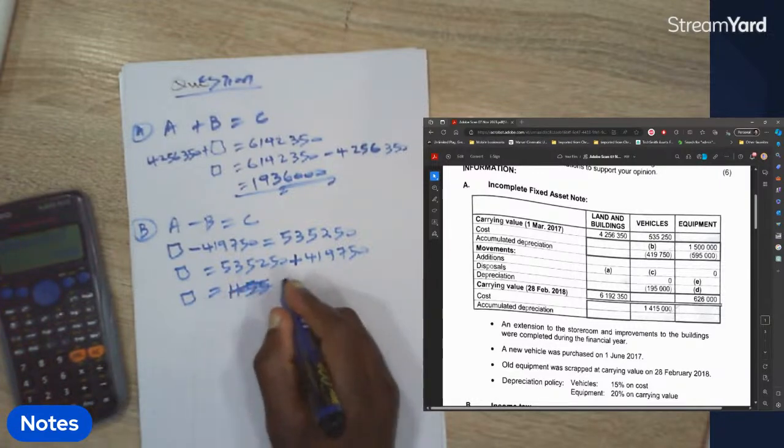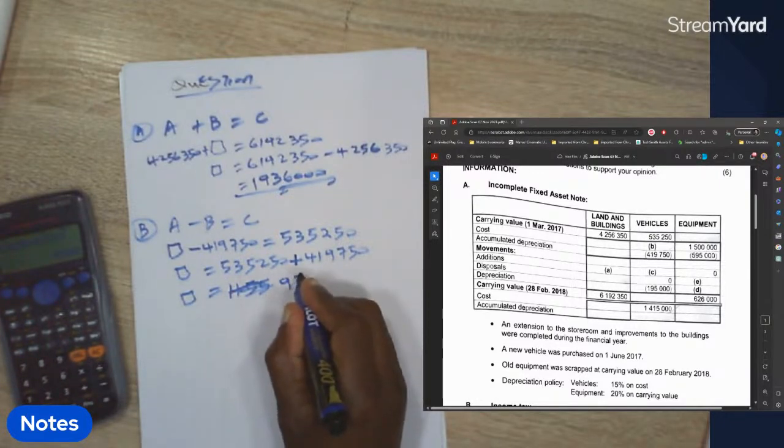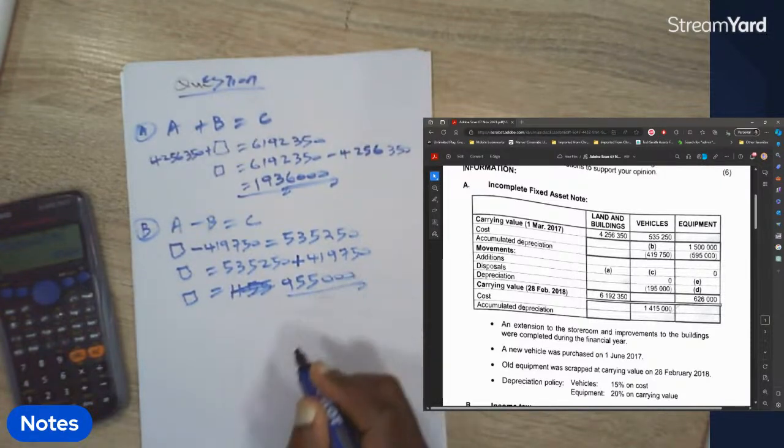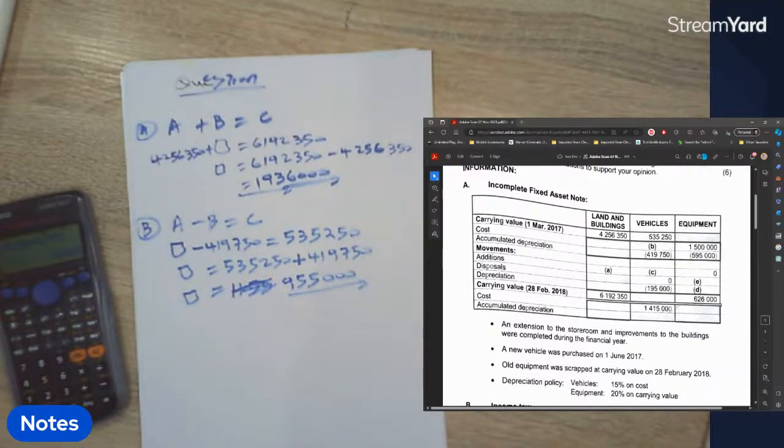So you get the answer, it's 955,000. That's our answer there. If now this is B, and we go to B minus 419,750, you're going to get 535,250. That is the carrying value at the beginning of the year.